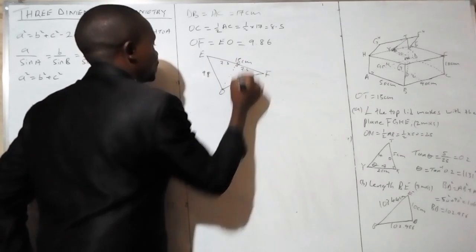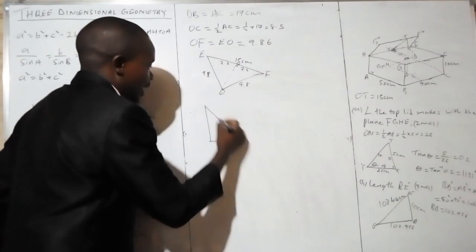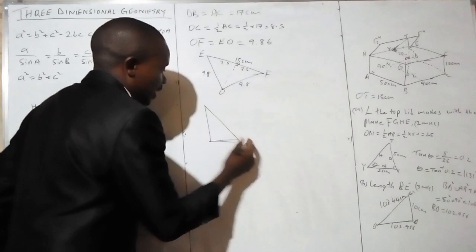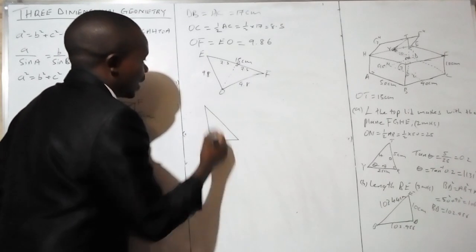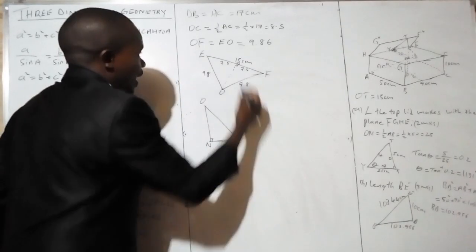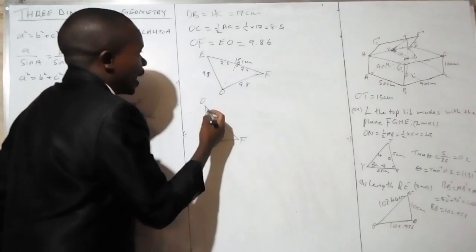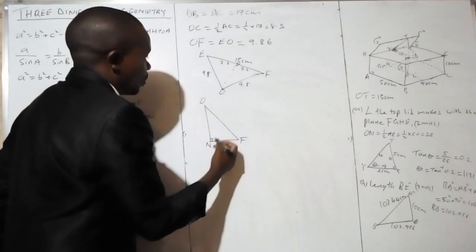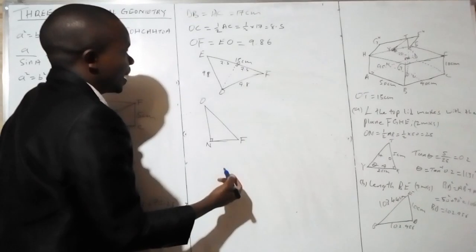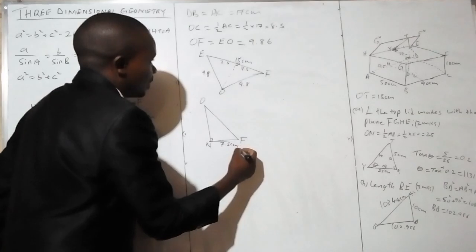Again we extrapolate. Three-dimension extrapolation is a must. Here we are going to have O, we have N there. This angle here is 90. Then this is our F. ON is unknown, we are going to calculate. NF is 7.5 centimeters, OF is 9.8.